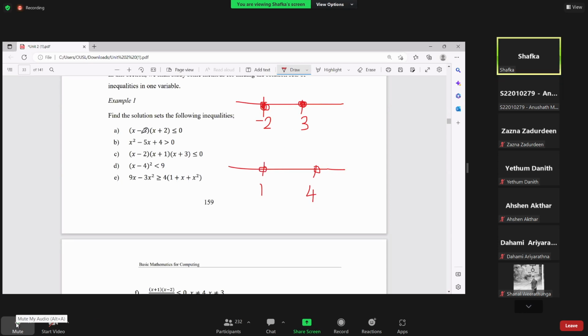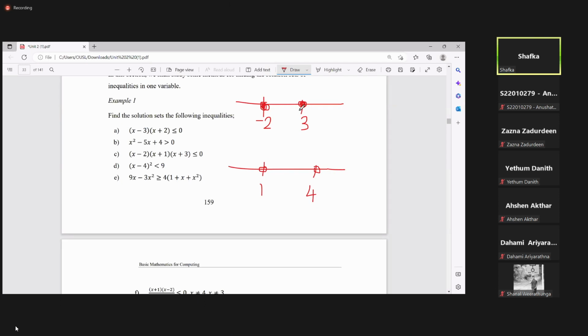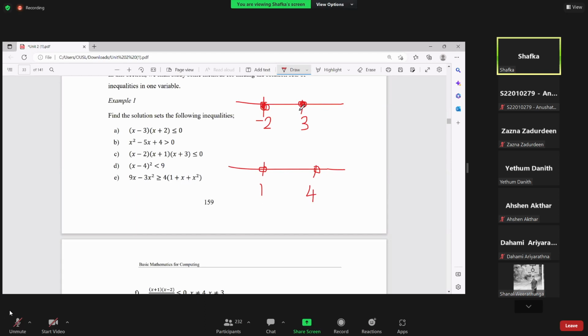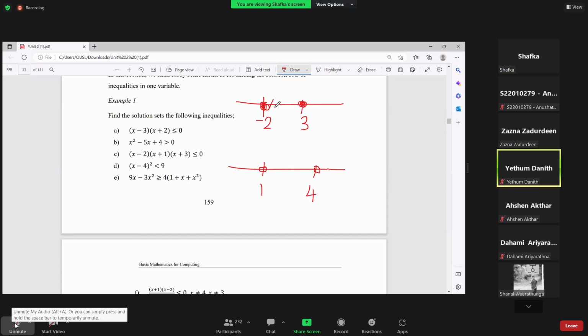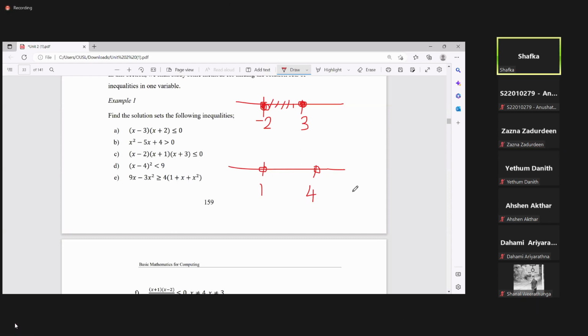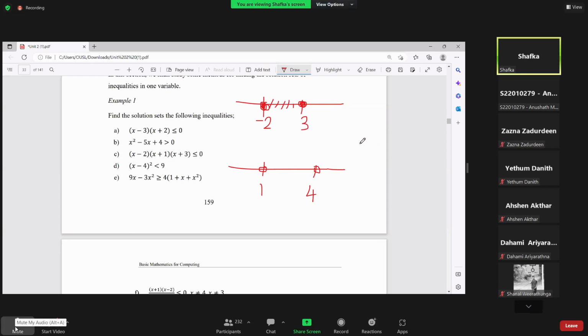What is the solution for question A? -2 to 3, this region. For B, what is the solution? Less than 1 and greater than 4.